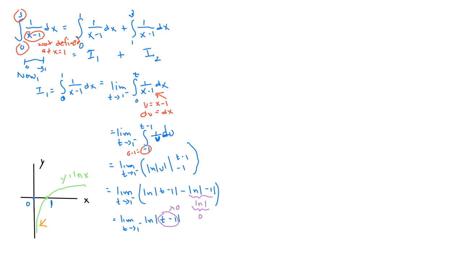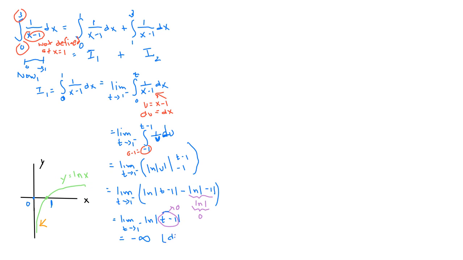That's right, Clea. So this limit here, since t minus 1 approaches 0 as t approaches 1, this limit is going to have to equal negative infinity, because the natural log of 0 is negative infinity. And this is divergence.